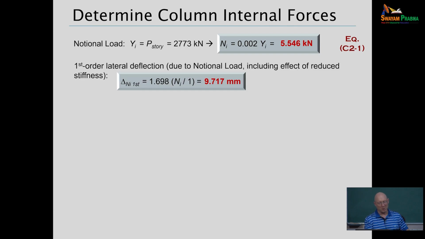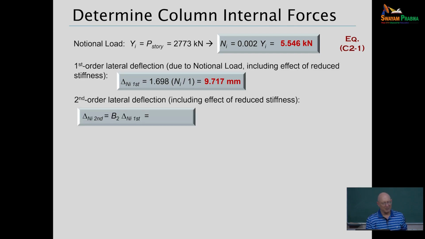This is a first order effect. If you said, okay, the frame is out of plumb, the first order effect of the vertical loads acting through that out of plumbness would give us a 9.717 millimeter lateral deflection.